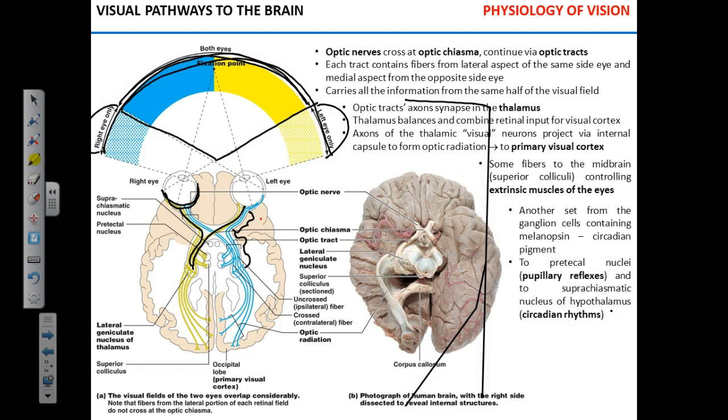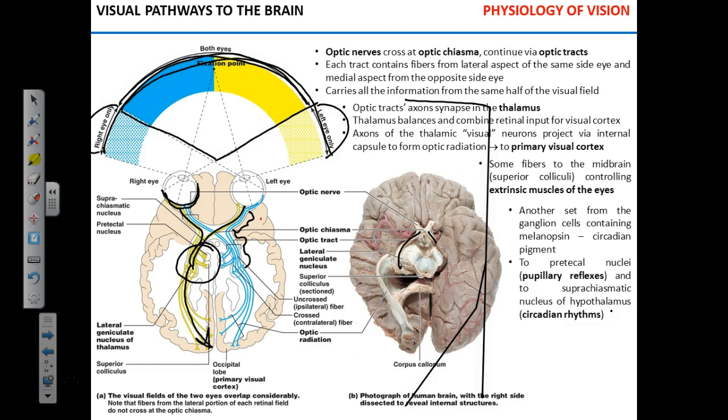Now, in terms of the pathways, these optic tracts first reach the thalamus. And then from the thalamus, output goes into the visual cortex. Well, output, input, whatever. Sensory signals are relayed to the visual cortex. Does that make sense?